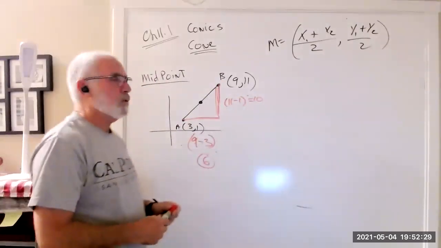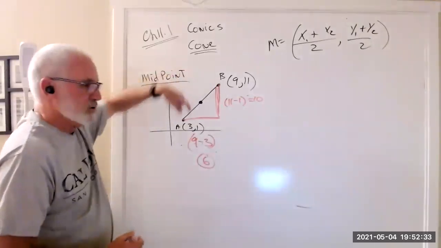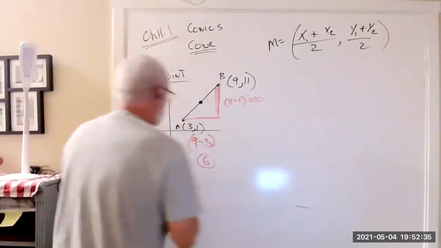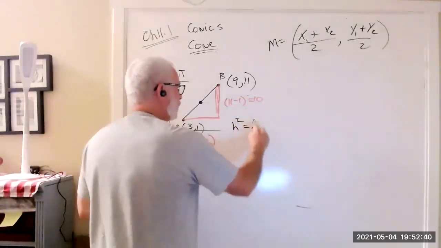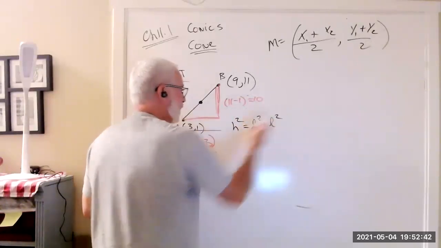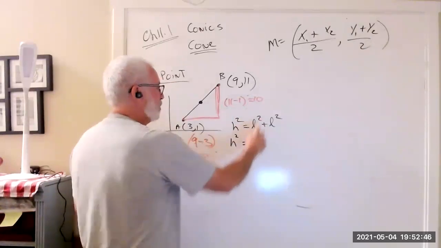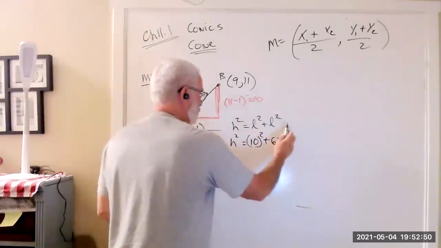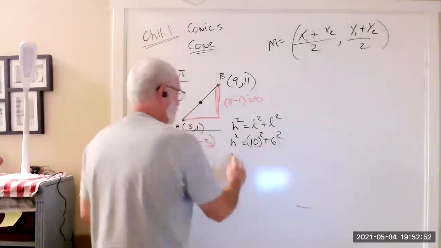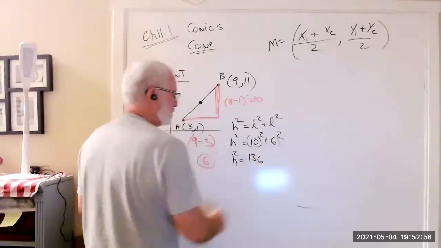All right. So how can we use this to find the hypotenuse? Well, we say the hypotenuse, h squared equals leg squared plus leg squared. Remember Pythagoras? So hypotenuse squared equals 10 squared plus 6 squared, whatever this is. So this is 136.